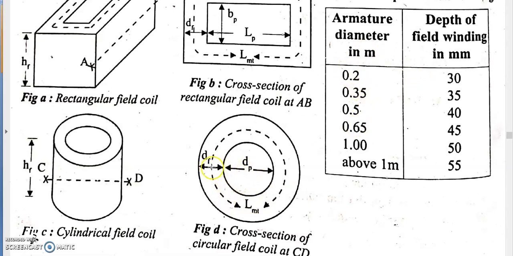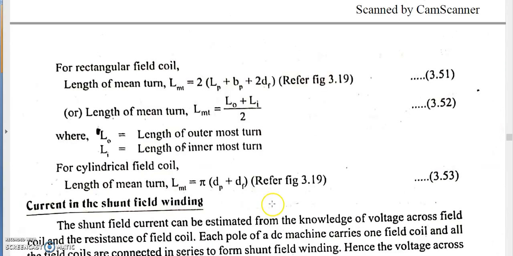So to calculate the diameter at this mean turn section, the diameter will be dP plus df by 2 on the left hand side and df by 2 on the other side. So totally dP plus df is the diameter for the length of mean turn of the field winding. So it is 2 pi r, that is pi into d, so pi into d means pi into dp plus df here. That will give the length of mean turn of the field winding in a cylindrical field coil system.